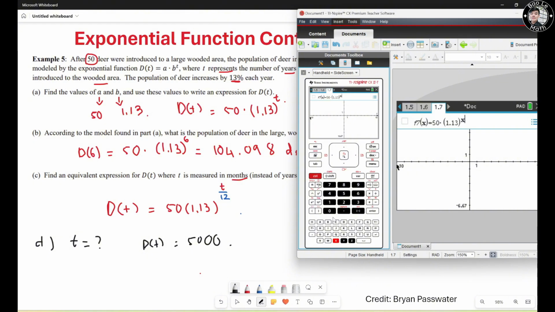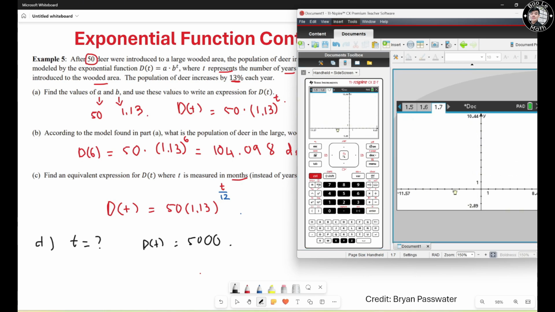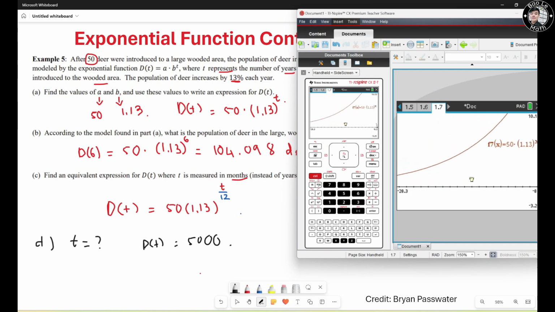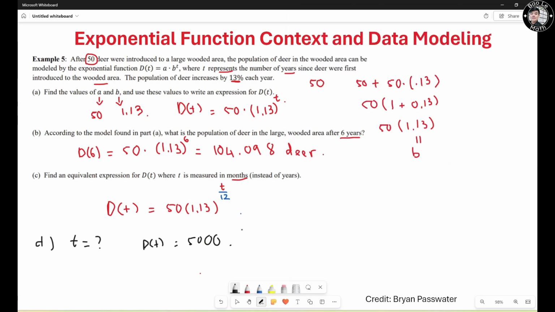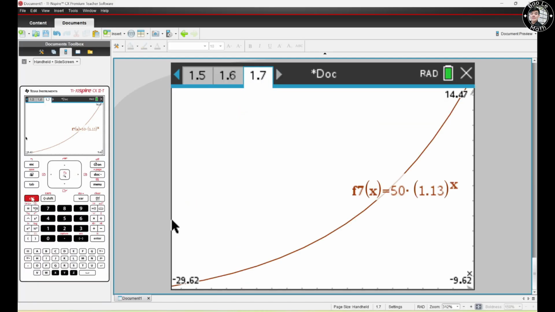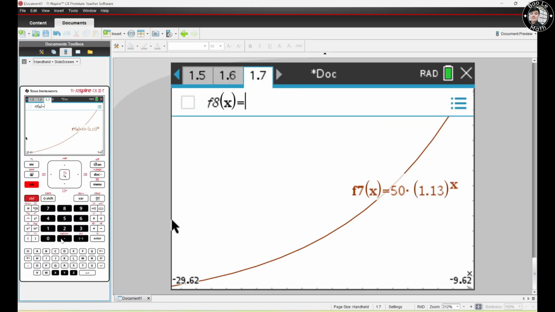And then we hit enter. Right, the graph should be right here. Now we need to graph another function, y equals 5,000, right? So we hit tab right here, and then we input 5,000, and we hit enter.